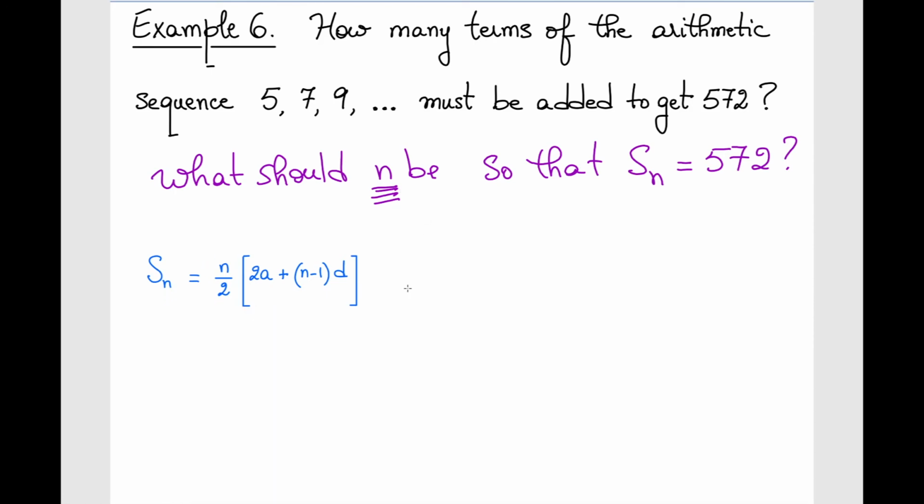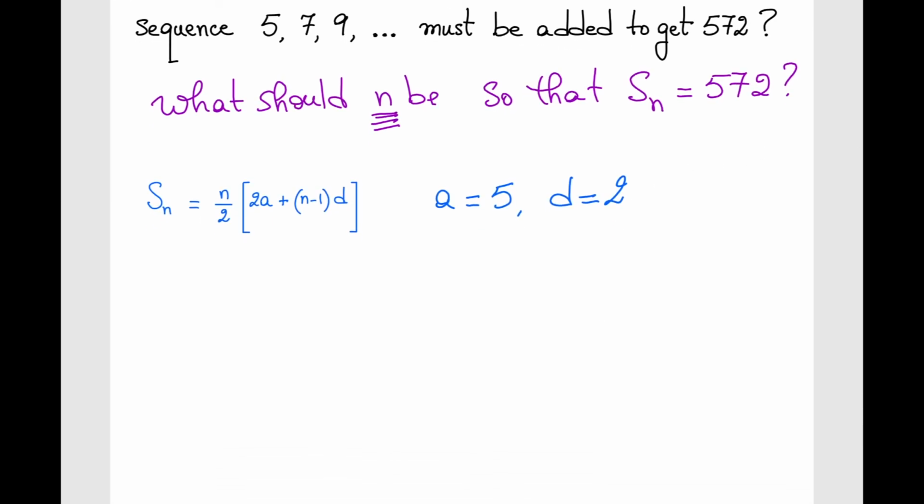So what's a in this case? By definition, a is the first term, so a is 5. And what's d? The common difference is 2.